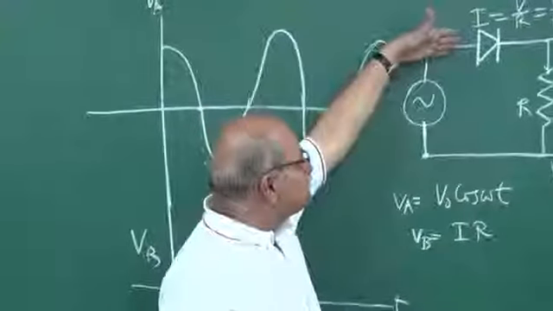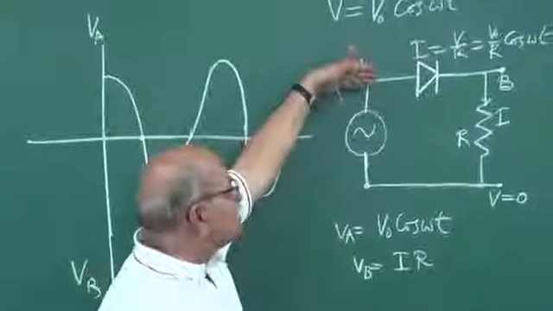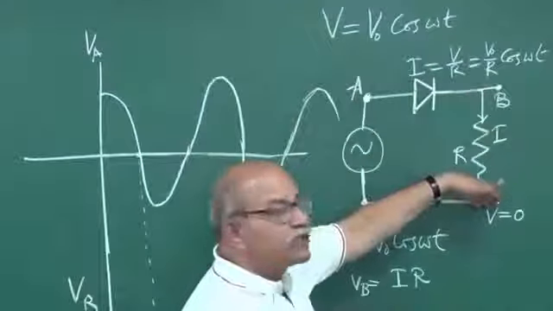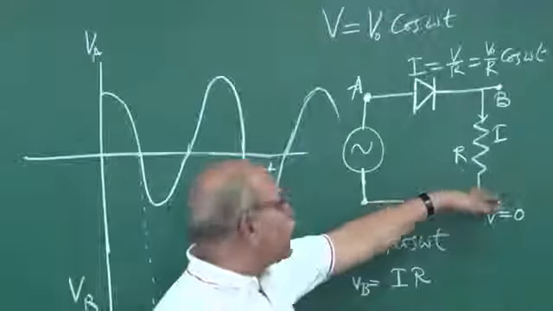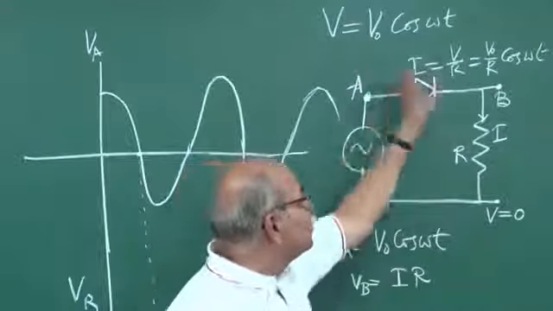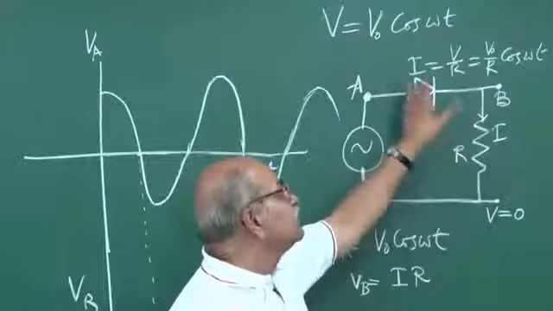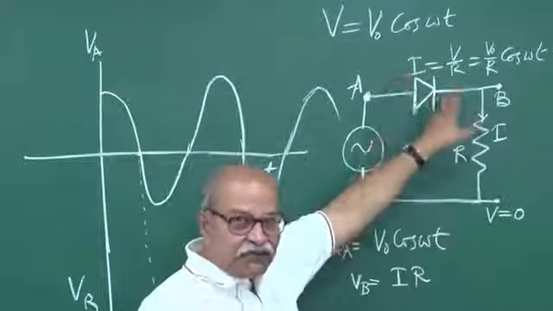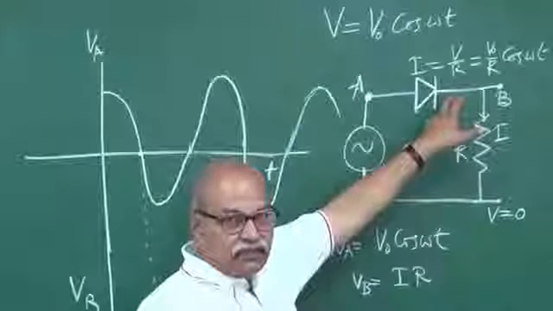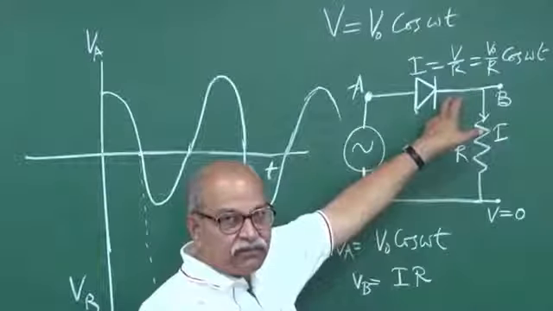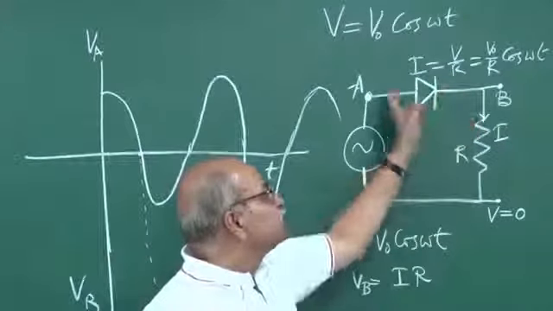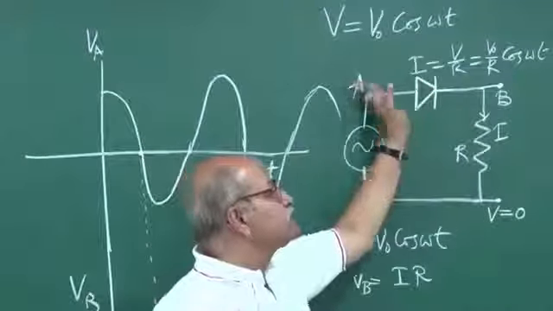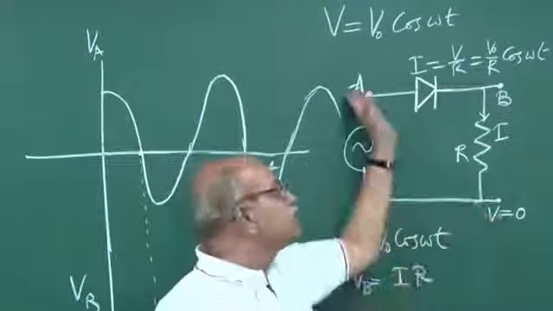Your P side is connected to a positive voltage, and this is connected to the 0 side. So higher potential here and lower potential here. This is forward biased. And in our approximation, we take the forward biased resistance to be negligible, then it is just a short circuit.